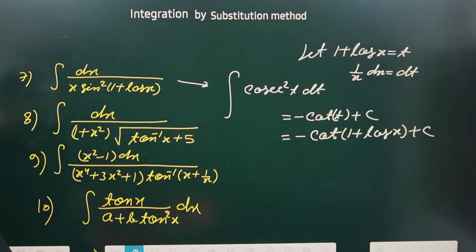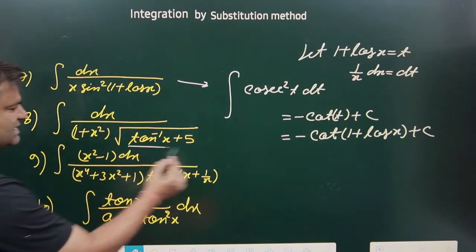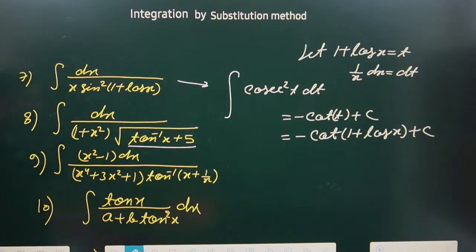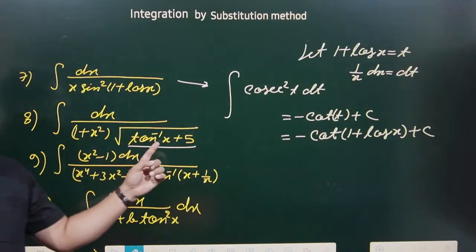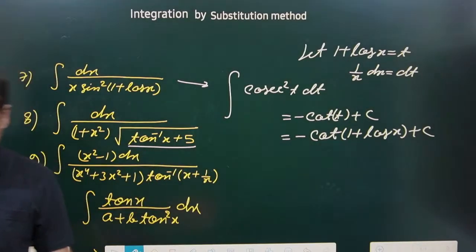Now after that, how can we solve this type of problem? Everyone can try. Tan inverse x plus 5 will be equal to t square. Let's try right now. Then what about the answer?